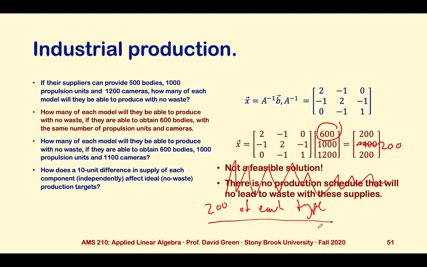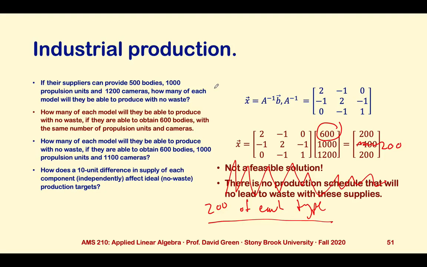All right, so we see that a very modest change in the supply, increasing the number of bodies by 100, gives a much more balanced overall production scheme.